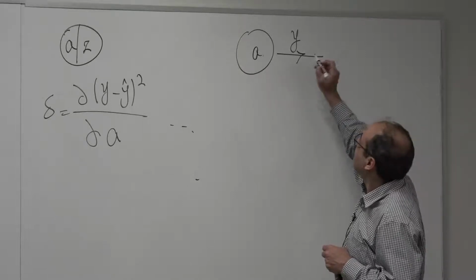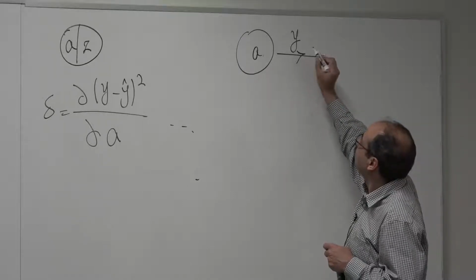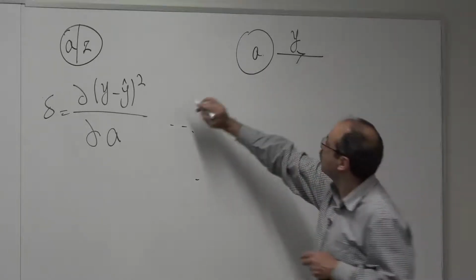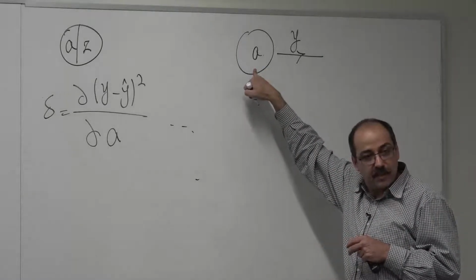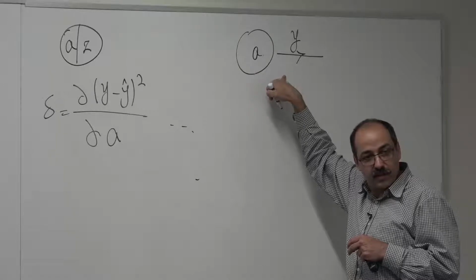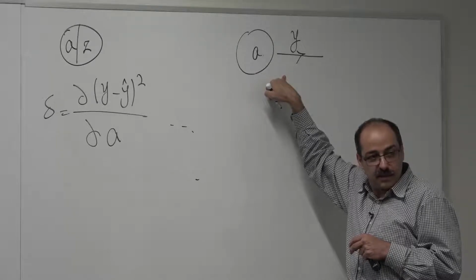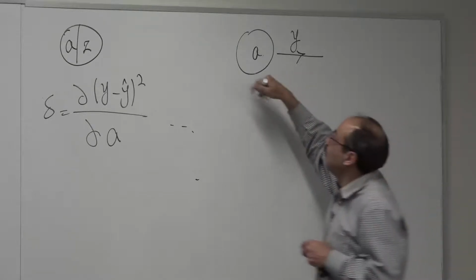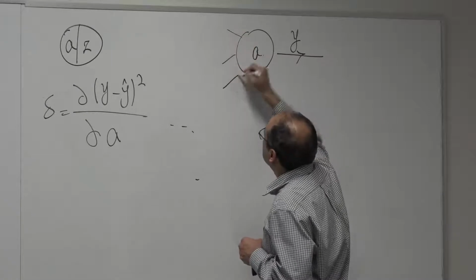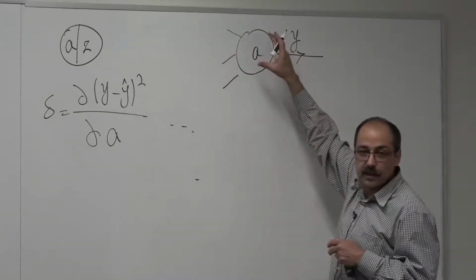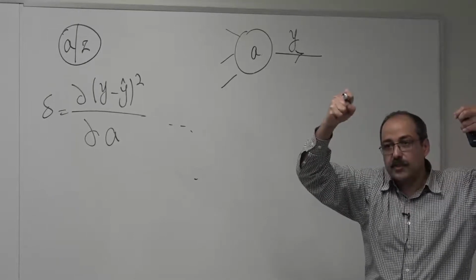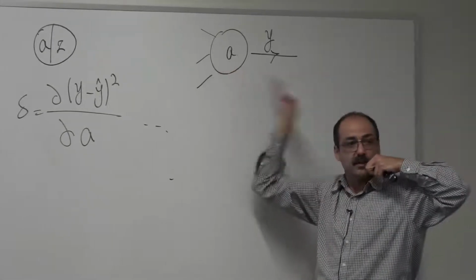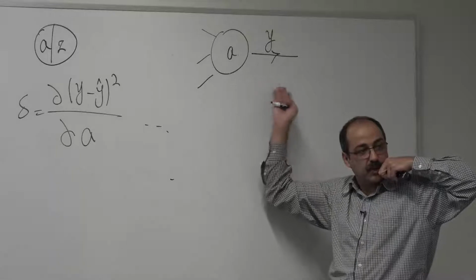And then I have to take the derivative of my cost function with respect to a. But what is a? A is really y, right? Because there is no nonlinearity. Something happened here, which I don't care about, and you have a. I don't apply any nonlinear function to a, so the output is whatever I computed, a.